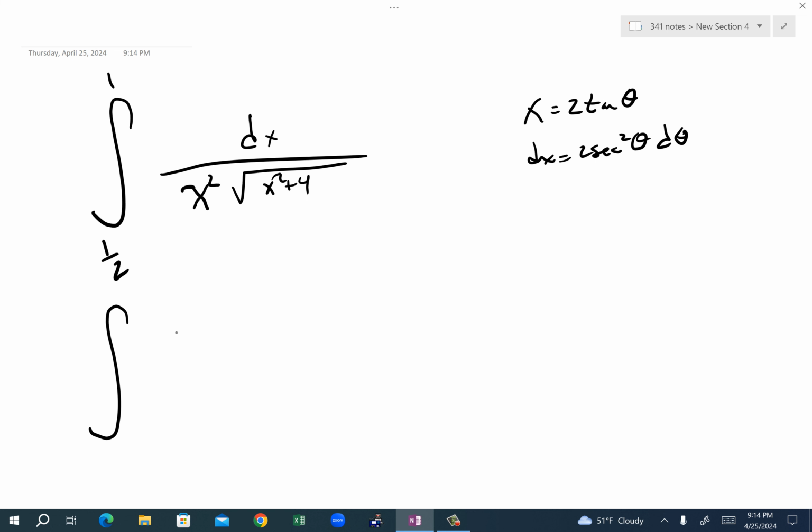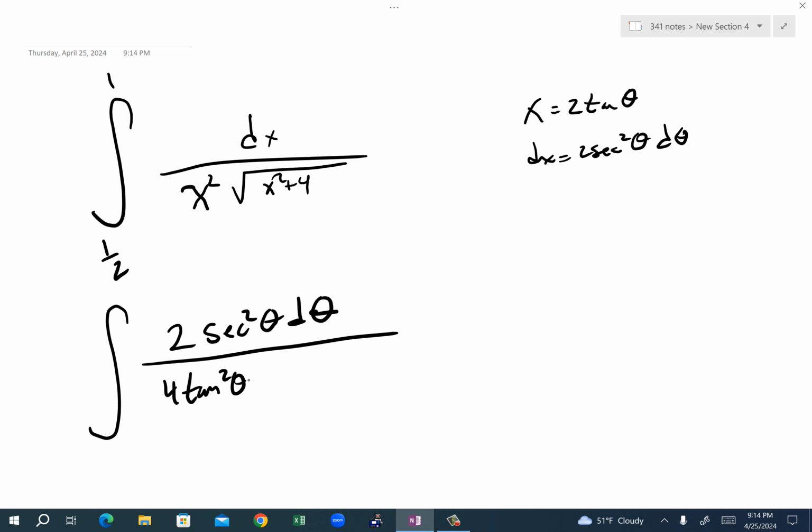And so the top now becomes 2 secant squared theta d theta. The bottom is 4 tangent squared theta plus 4.